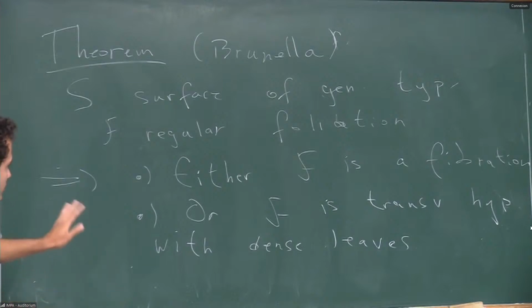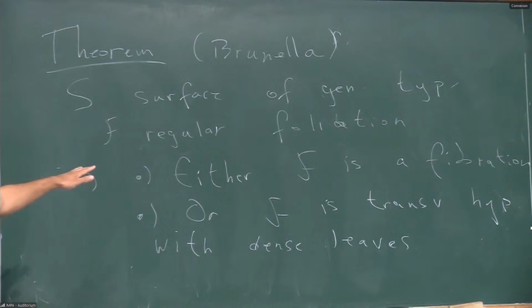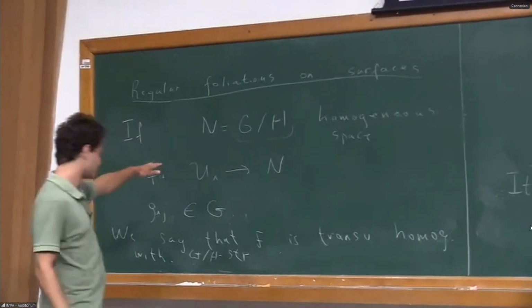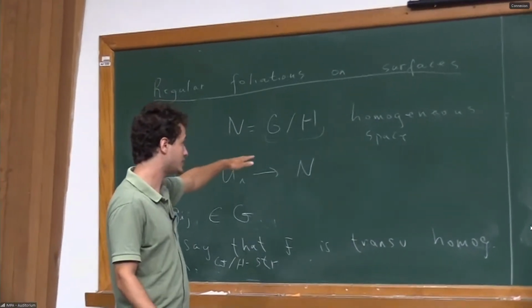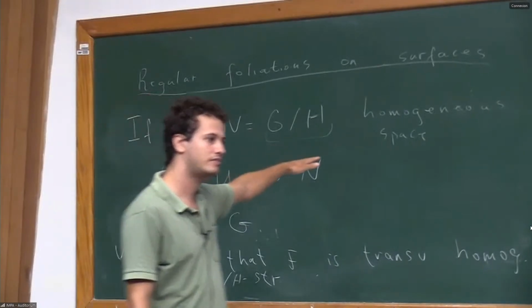So let me more or less give an idea how Brunella proves this. The proof is very different from the method of proof for the other cases, as I mentioned in the beginning. Okay, so one nice property of transversally homogeneous foliations is that they have a developing map.